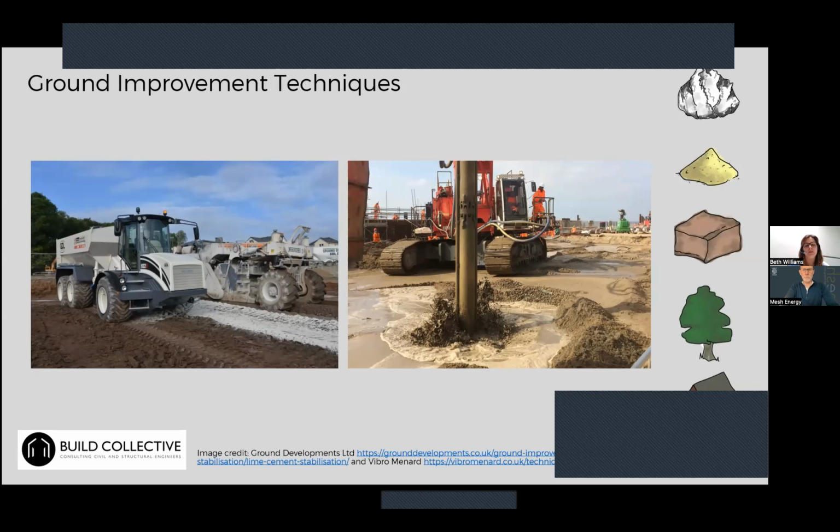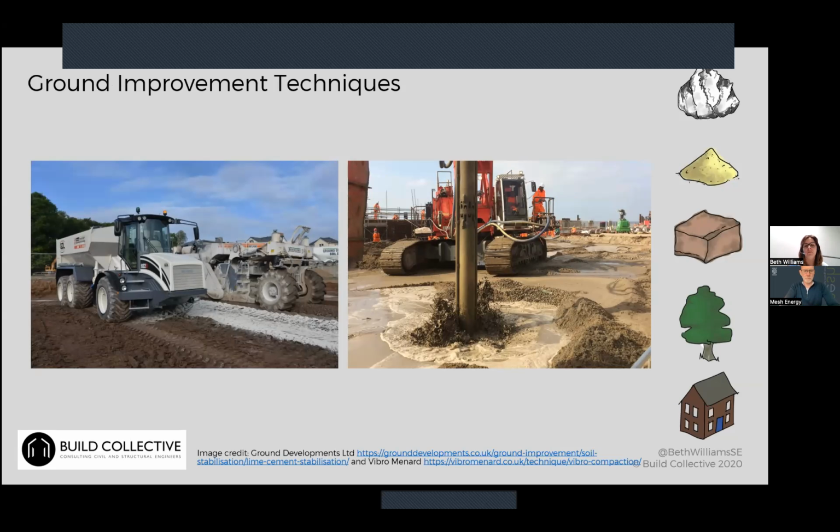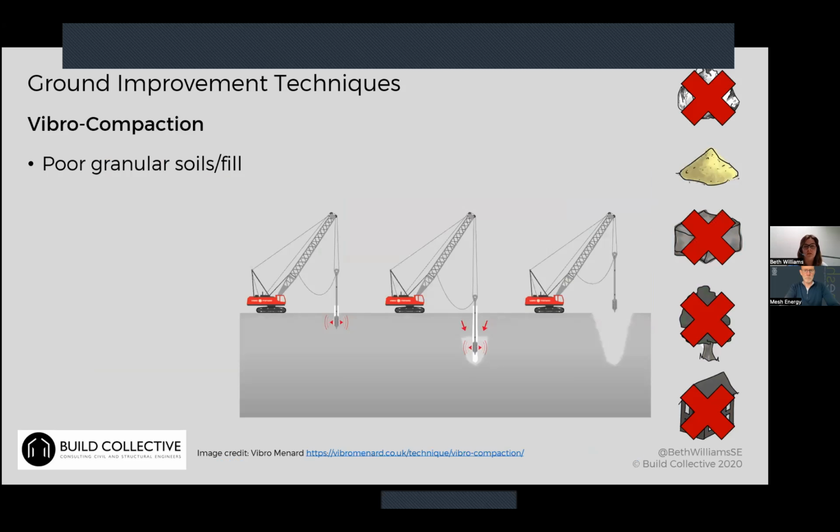So, an option for larger sites where you might be looking at taking a site that required piled foundations to something that could use shallow foundations, are ground improvement techniques. They are quite cost effective and readily available. You've got a few different options. You've got vibro compaction, which is for granular soils, where you compact the existing soil on site in little columns into something that gives you a greater bearing capacity at those column locations.